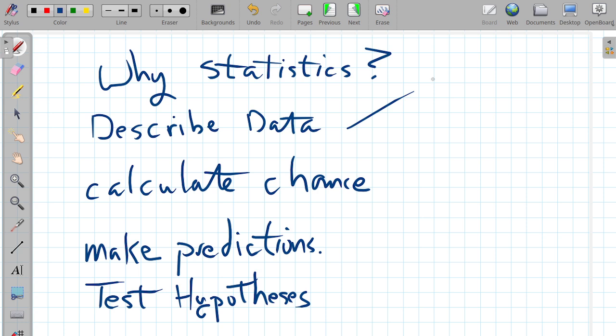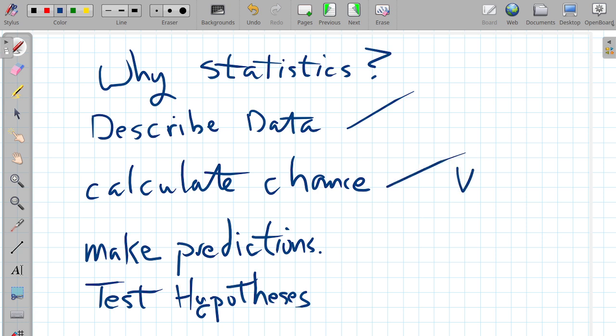Oftentimes in quality control, you're going to get a list of measurements from one day's production run, and then you're going to get a new list from another day's production run. Well, how do you know if they're the same, reasonably the same, or maybe the machinery is requiring calibration? Well, just to stare at the numbers isn't going to tell you, so describing data is useful for that.